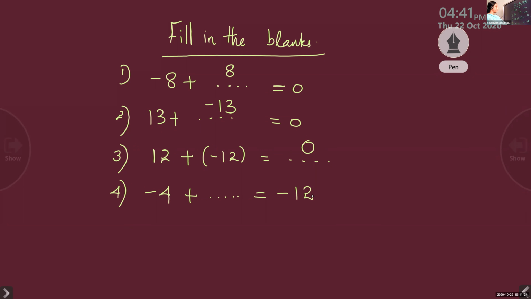Okay, negative 4 plus negative 6. Is it 12? Negative 4 plus negative 7. Negative 4 plus negative 8. Somebody is telling negative 7, somebody is telling negative 8. Which is the correct answer? Negative 8.